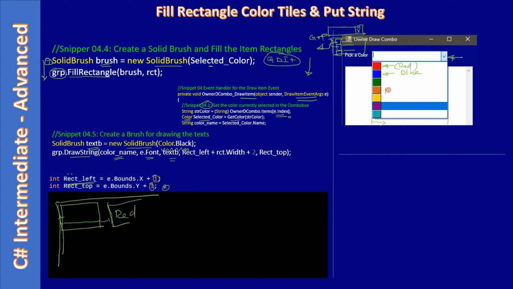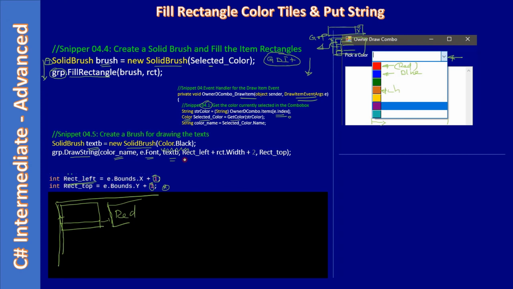So here if you see chocolate, there will be some gap to see it clearly when we drop down the combo box. That means there will be a tile, some gap, and then the color name starts. Alright, that's what we did here.